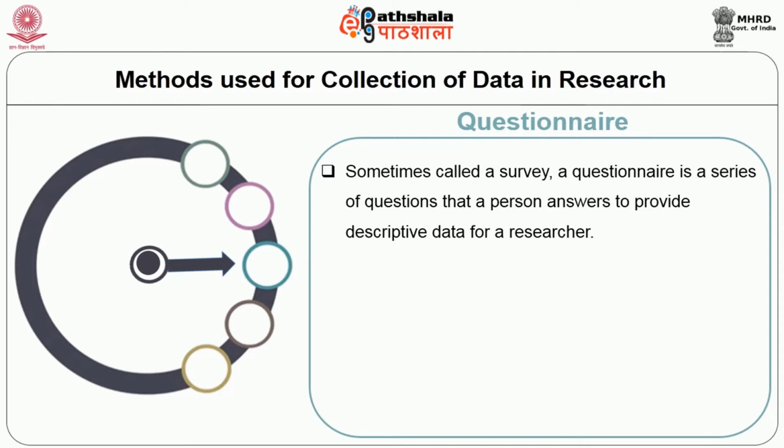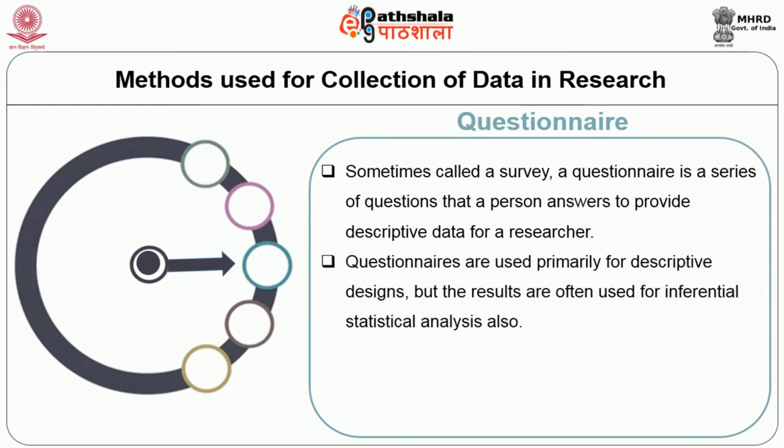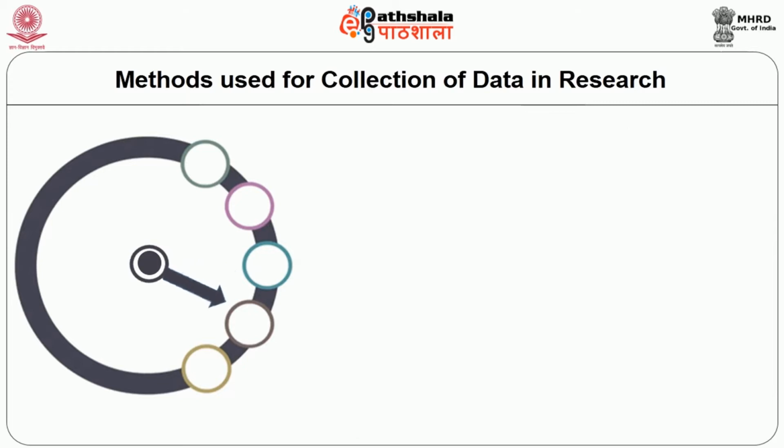A questionnaire, sometimes also called a survey, is a series of questions that a person answers to provide descriptive data for a researcher. Questionnaires are used primarily for descriptive designs, but the results are often used for inferential statistical analysis also.